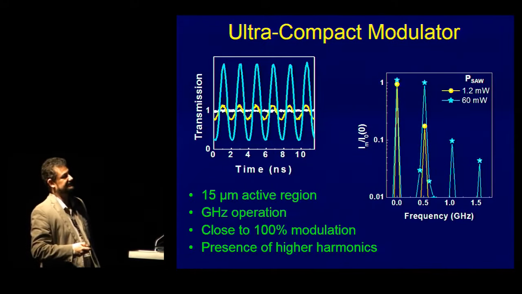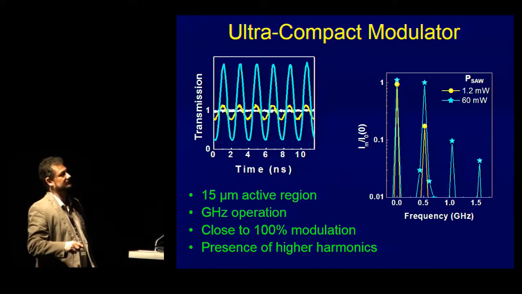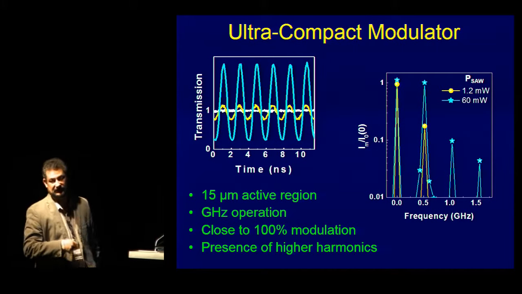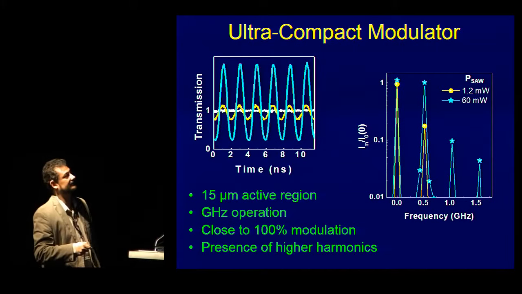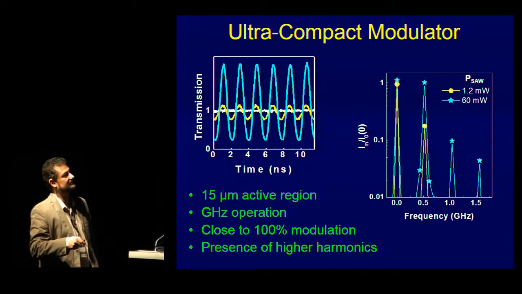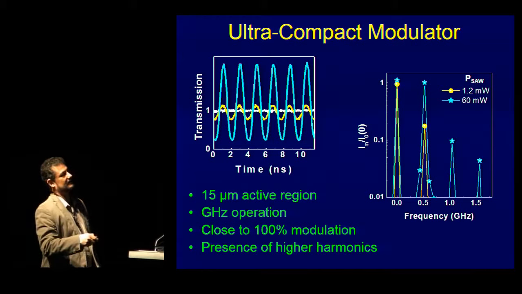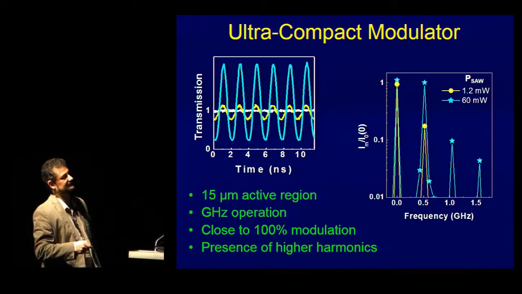And these are the results we got. So the white line here is the transmission when the acoustic wave is off. So you have just a constant light coming out. And when you apply the acoustic wave, we start to have these oscillations. And for high acoustic wave powers, we have almost 100% modulation. And actually, you see that this curve here is not very symmetric.